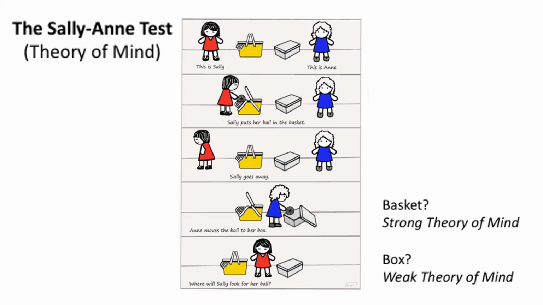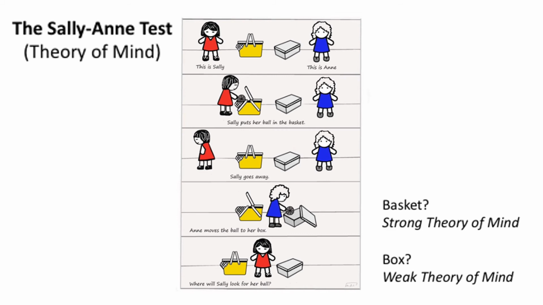And one final illustration is something called the Sally-Ann test. This is often used to identify how strong or weak of a theory of mind one has. It's probably a bit difficult to see on your screen, so I will talk you through this one quickly. At the top of this illustration, we have two individuals.